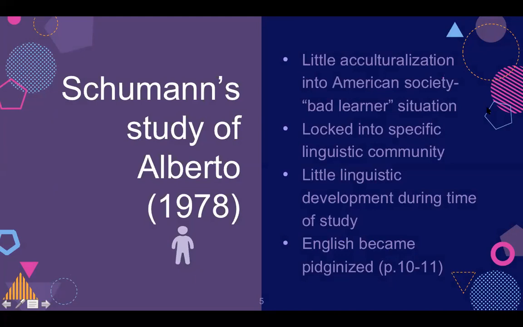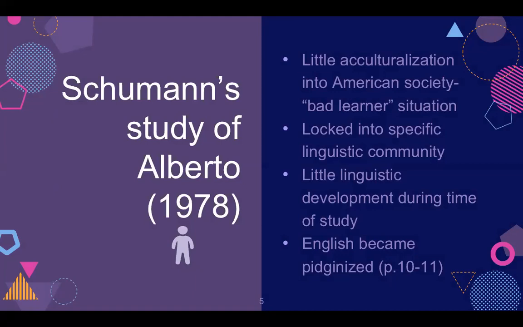Schumann's study of Alberto. Alberto was a 33-year-old from Costa Rica who was living in the United States, and his study lasted over 10 months. During this time, Schumann saw very little growth in Alberto's English development. He attributed this to Alberto's lack of acculturation into American society, that he really wasn't interested in being more like the Americans.